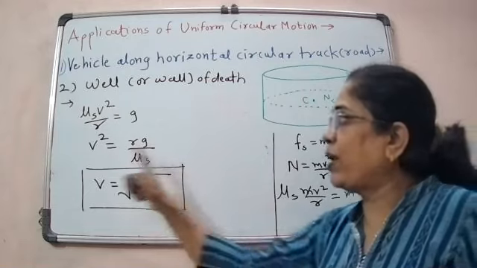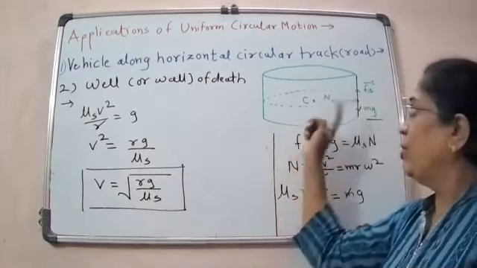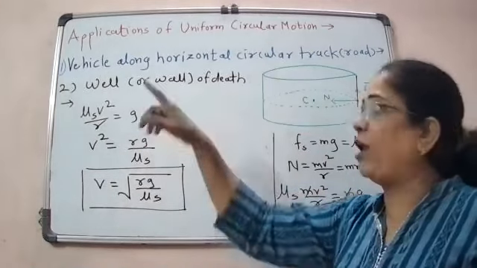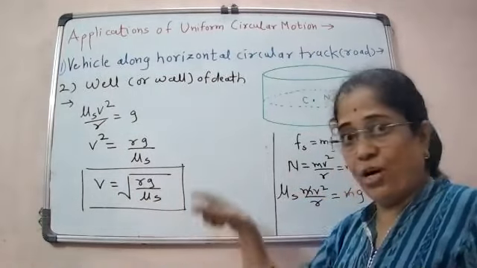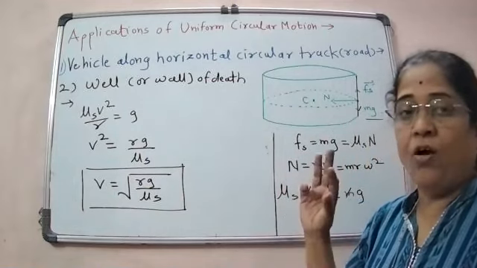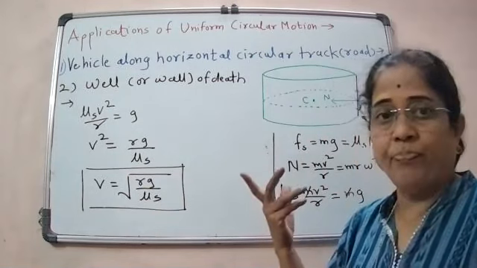Again, this velocity, which is necessary for the horizontal circular motion along the wheel of death or along the wall of death, does not depend upon the mass of the motorcycle or the mass of the motorcyclist.